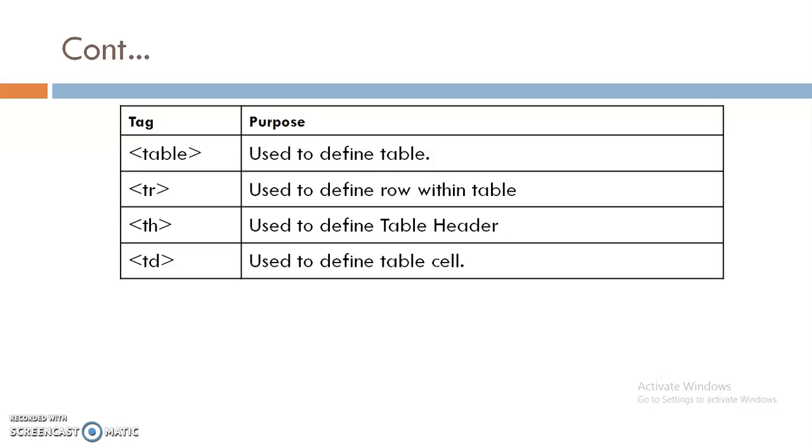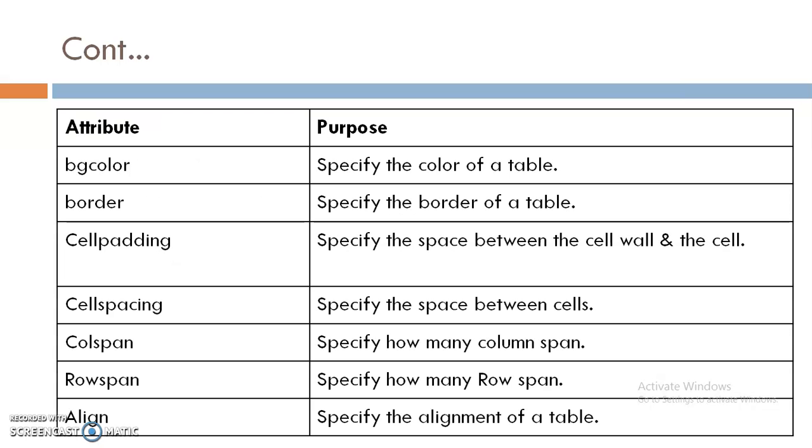Now here, the table tag is used to define a table. The tr tag is used to define a row within a table. The th tag is used to define a table header, and td is used to define a table cell. Now, some attributes of the table tag. First one is bgcolor, to specify the color of a table. Second is border, to specify the border of a table.